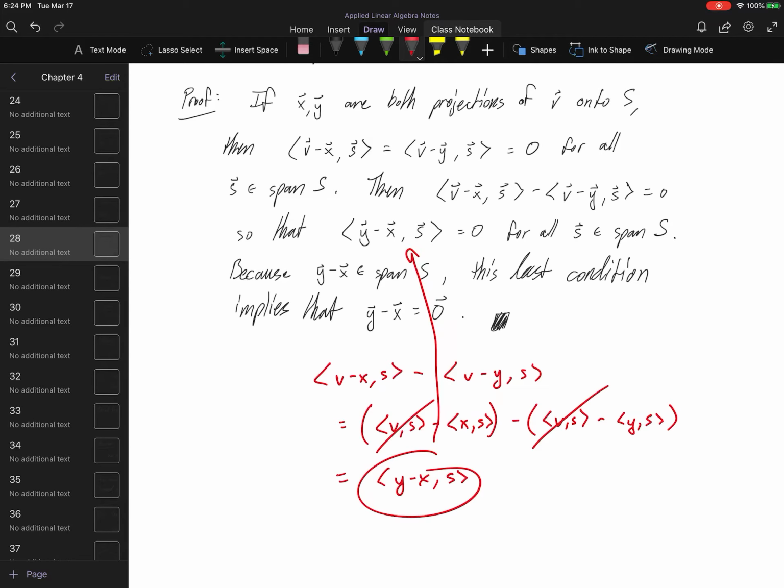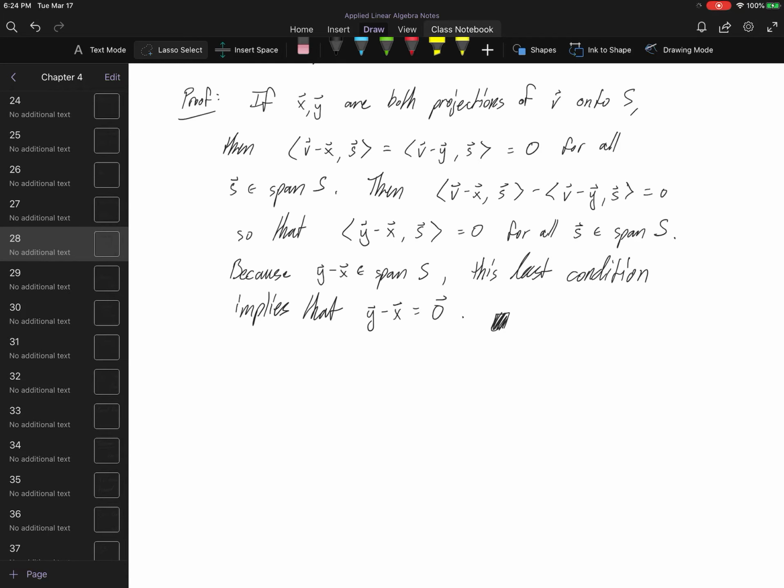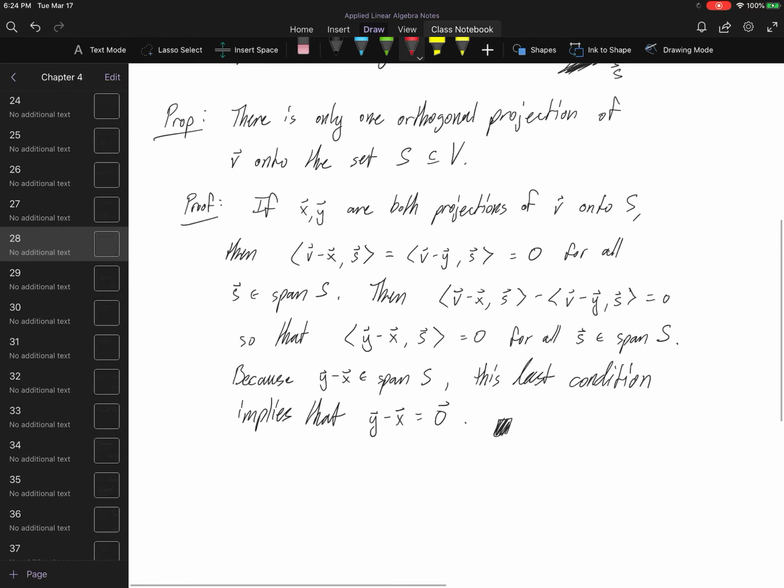Because y minus x is also in the span of s, this last condition means that this vector has to be the 0 vector, because I have to do this for every element in that spanning space. So that means that y minus x has to be the 0 vector, and therefore y would have to equal x.